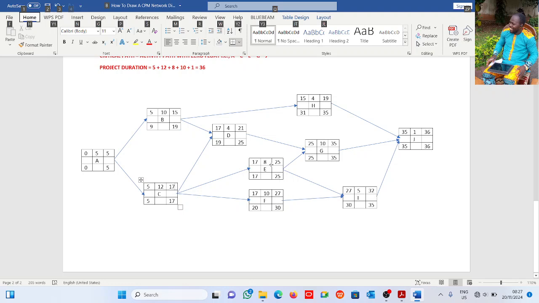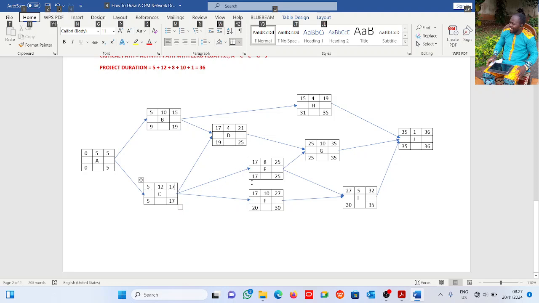So 25 minus 8 gives us 17. This is 35. 35 minus 7, we already did this. Now activities F and E are both dependent on activity C during the forward pass.